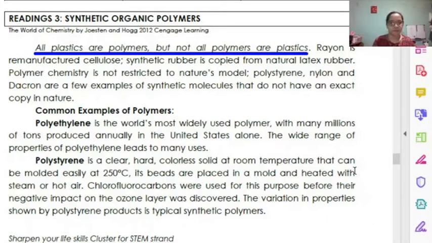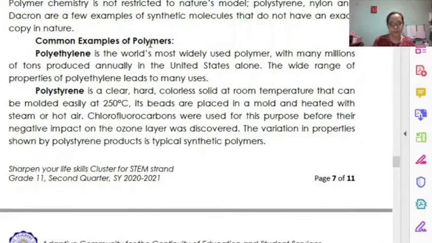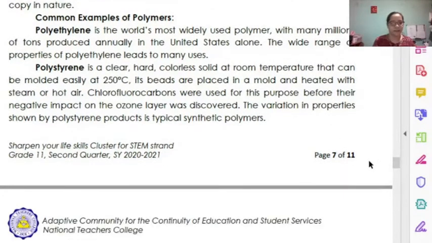From the previous readings in this module, it is mentioned that organic compounds can also be seen in our body. These are the proteins, nucleic acid, carbohydrates, and lipids, which will be tackled in other modules. So I've given a common example of polymers. So polyethylene is one example.